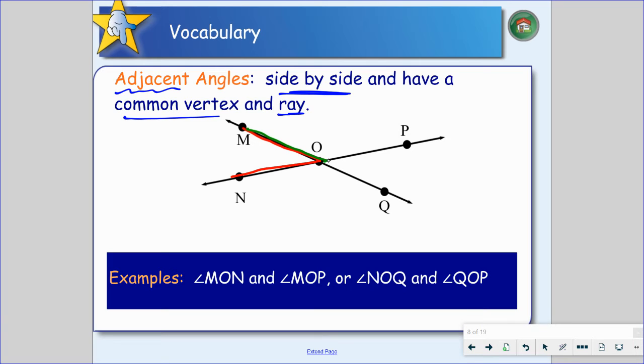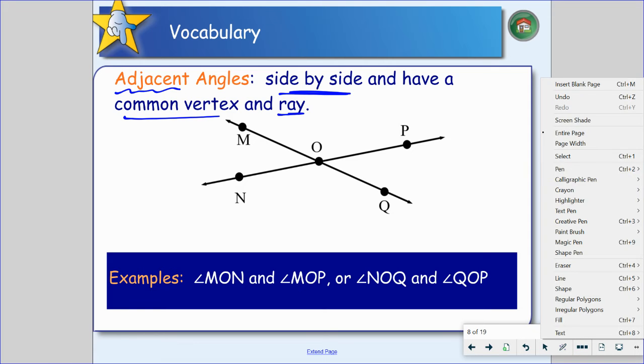MOP. Those are called adjacent angles. They're right next to each other. They share a common vertex, vertex point O, and they share a common ray, ray OM. We could also do another set.